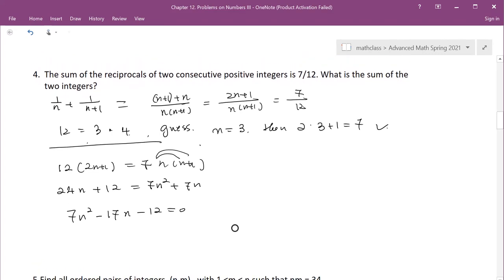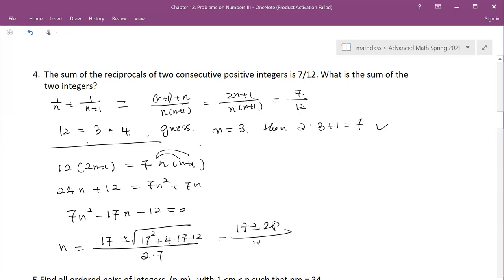But this is just supposing you did not realize and cannot make a simple conjecture. So it's over 2 times 7, and here should be positive 17 plus or minus the square root of 17 squared plus 4 times 7 times 12. What's inside here is 25.